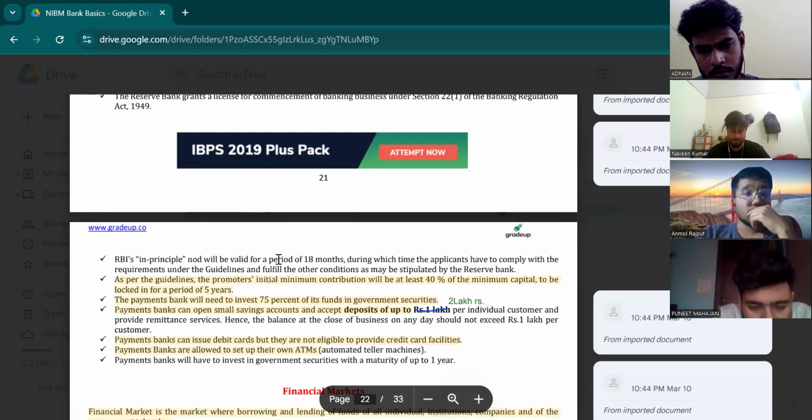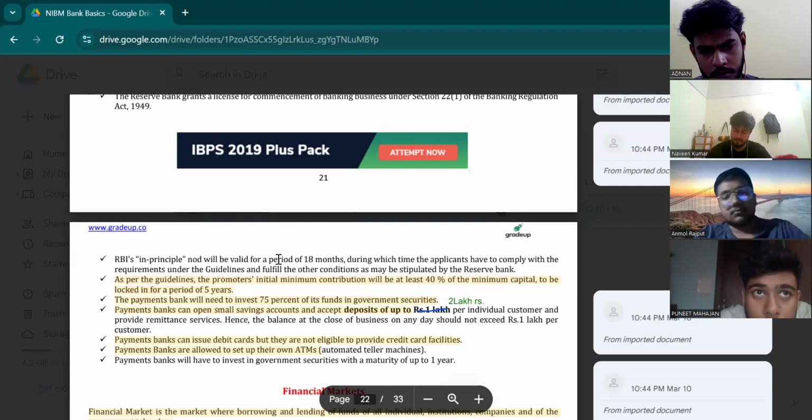Now you see that a payments bank can open a small savings account and accept deposits up to 2 lakh rupees per individual customer and provide remittance service. But they cannot provide credit card facility. They can issue a debit card, but they cannot provide a credit card facility.